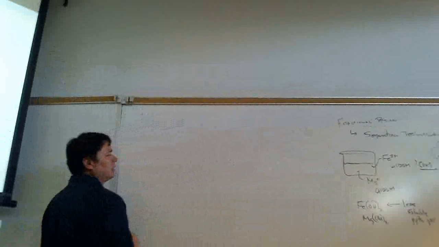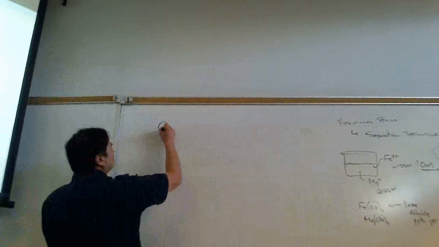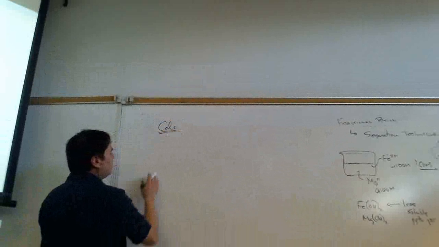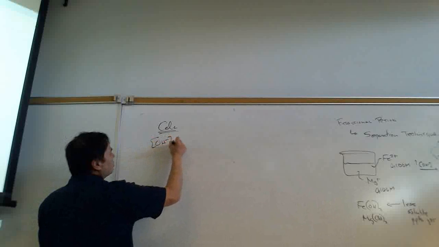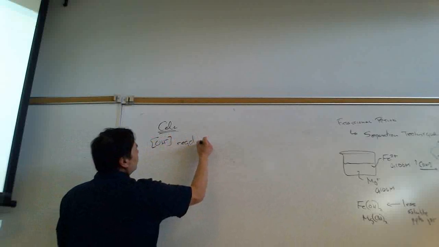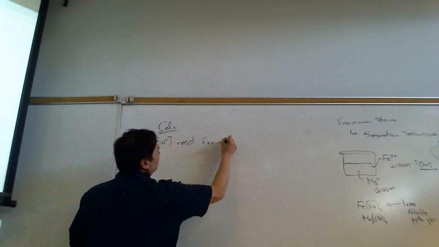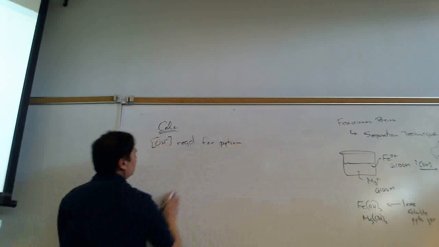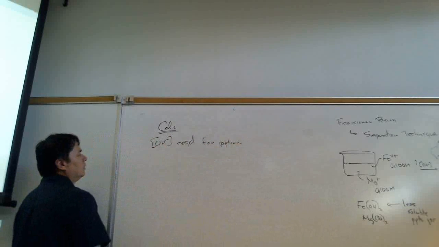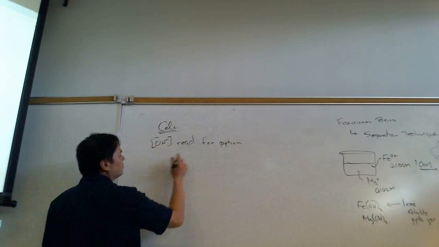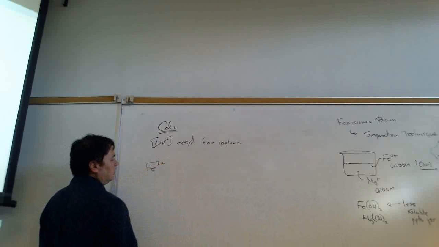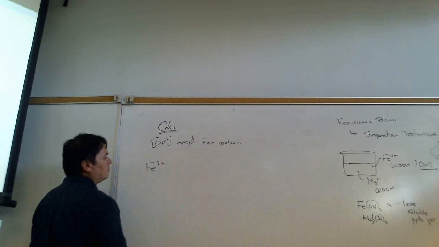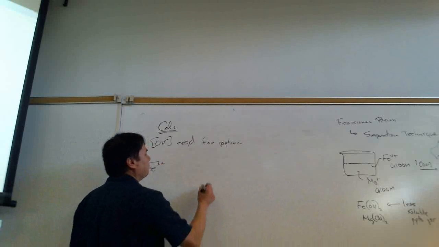So we do two calculations here. The first thing we calculate is the hydroxide concentration required for precipitation. The hydroxide ion concentration required for precipitation of iron 3+ can be given like this.